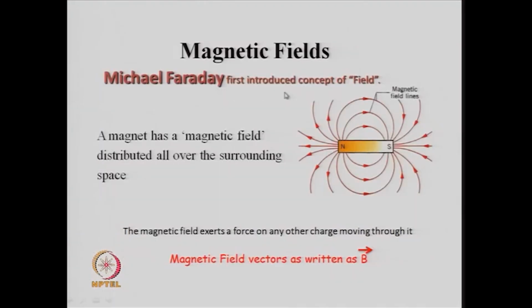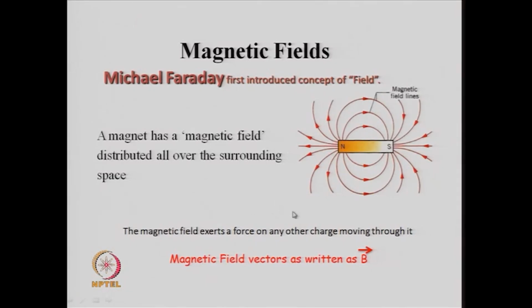Michael Faraday introduced the concept of field, and as shown here, any magnet will have a magnetic field as represented by lines distributed all over the surrounding space. These can be experimentally verified, and these lines of force can be seen as well as measured by different experimental tools.